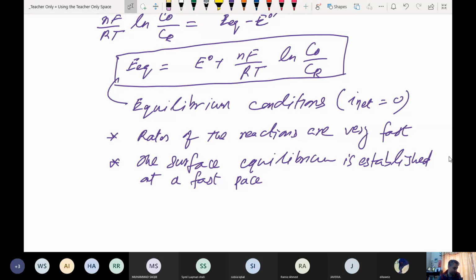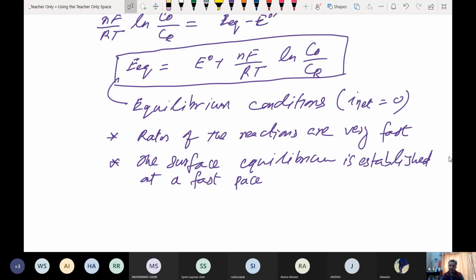So many of the techniques with which we deal are actually dealing with non-equilibrium situations. They are not dealing with equilibrium situations. So it means that we would need some improvement over what we are currently doing.